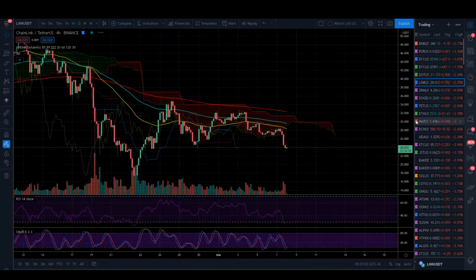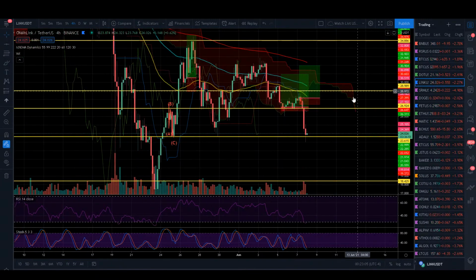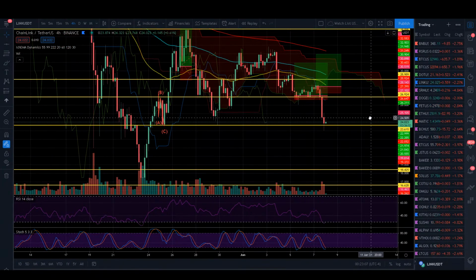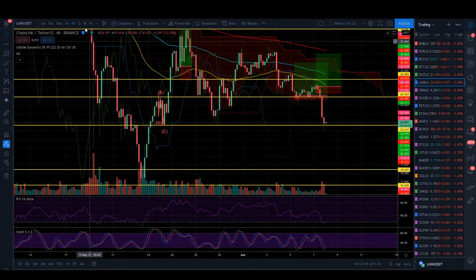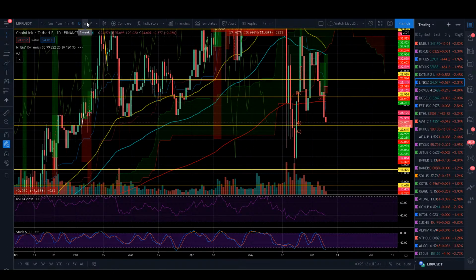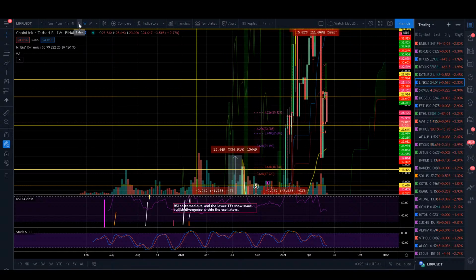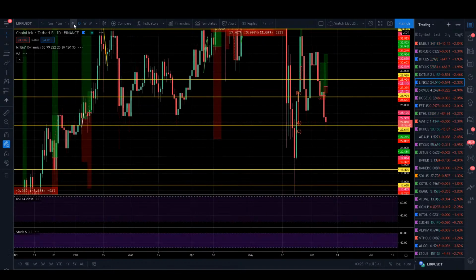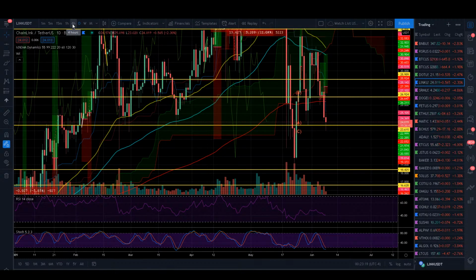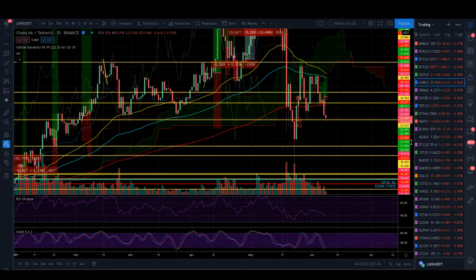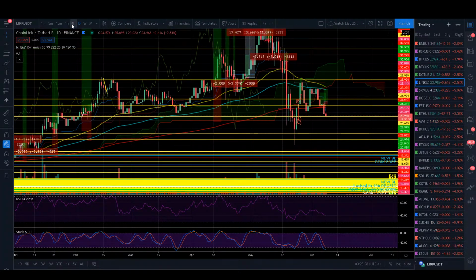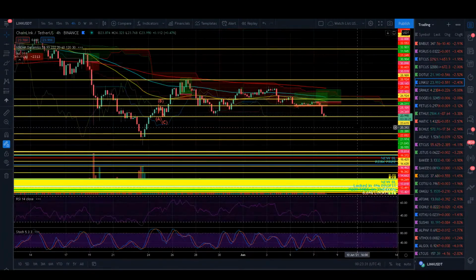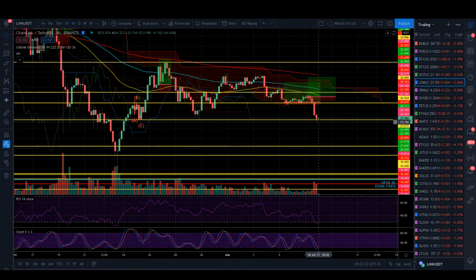Link is another one that might be worth looking at. Let's see, setup. Look at this. See? Same thing on Link. Main support, main support.